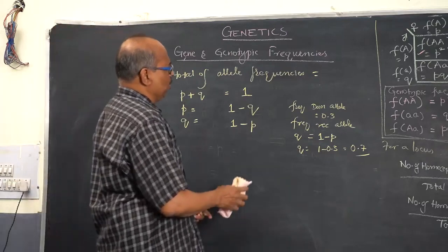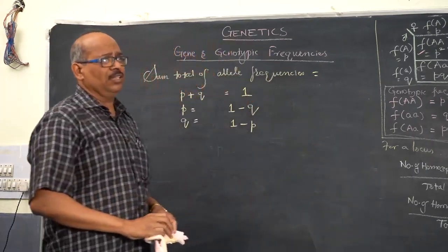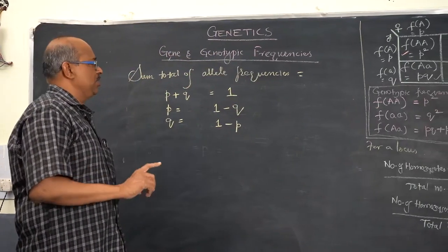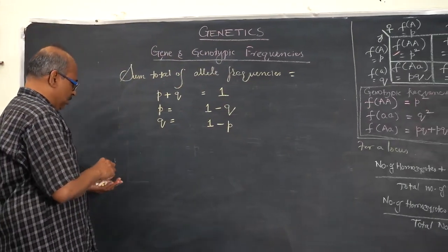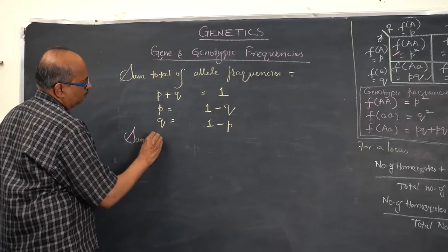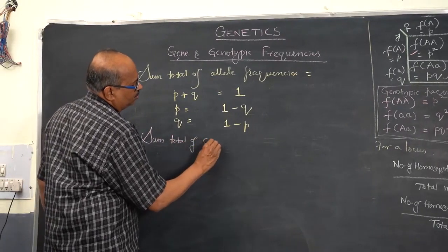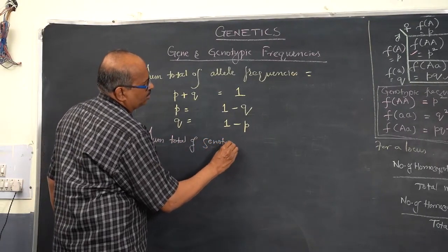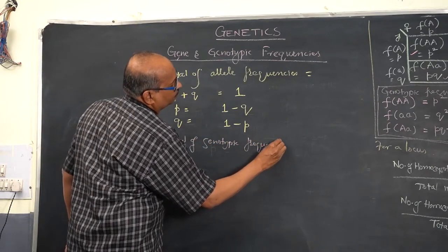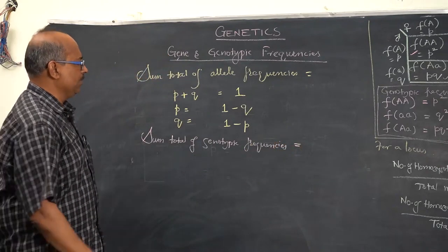The same rule, that is sum total of frequencies is equal to 1, we can also apply for genotypic frequencies. So sum total of genotypic frequencies is also 1.